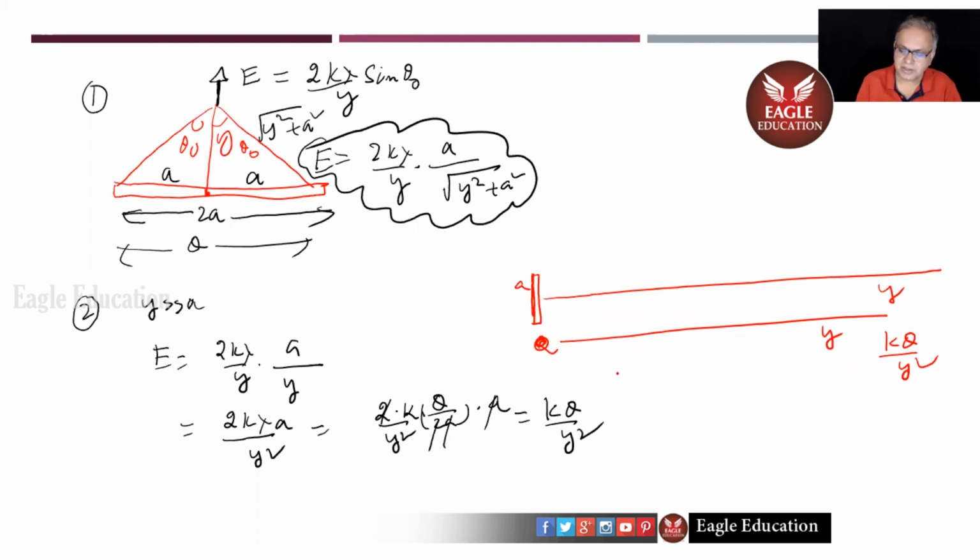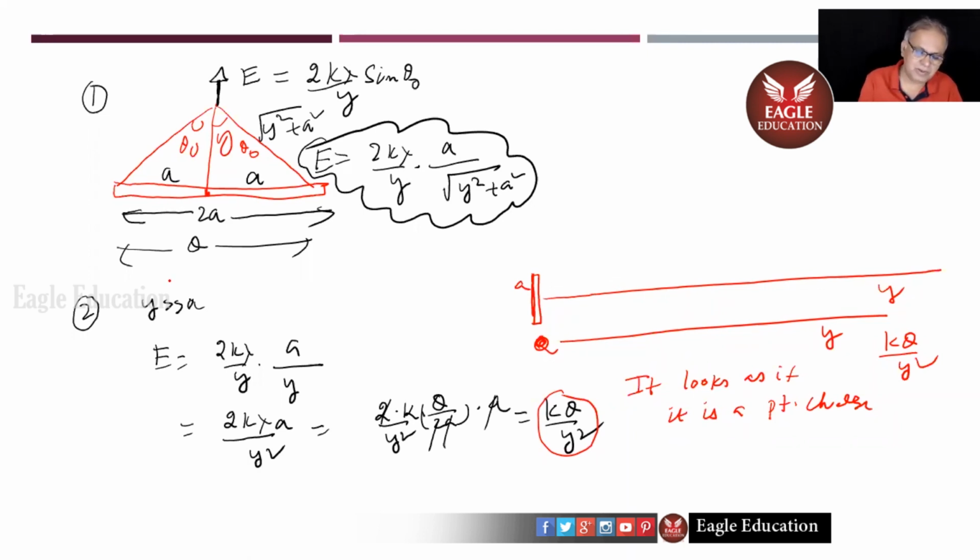That means it looks as if it's a point charge. So kq by y square immediately should ring some bells in your mind, right? We already wrote kq by r square, and we did enough problems on that.